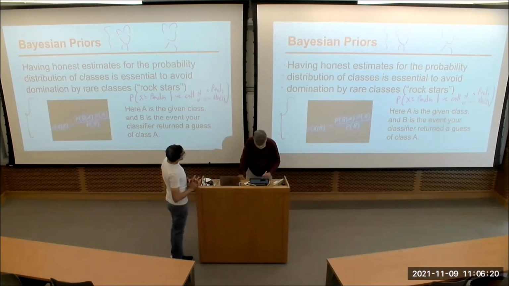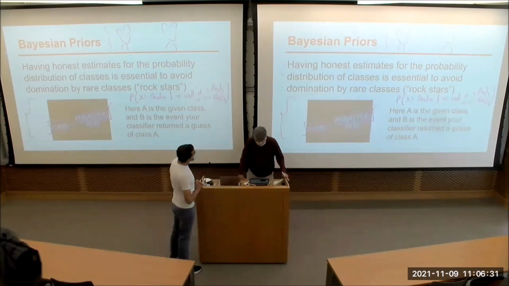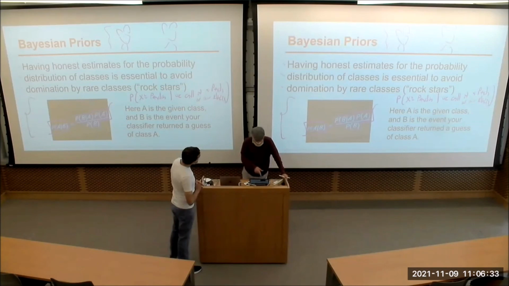The first of these terms is the target. This first term, the prior, is the probability of it being a panda, and you knew that from counting how many pandas there were in the world.